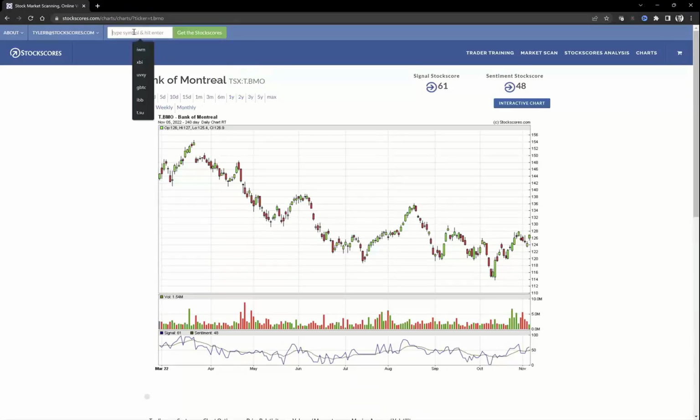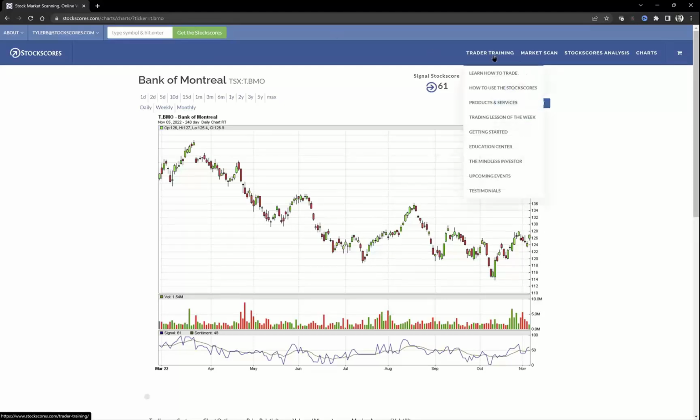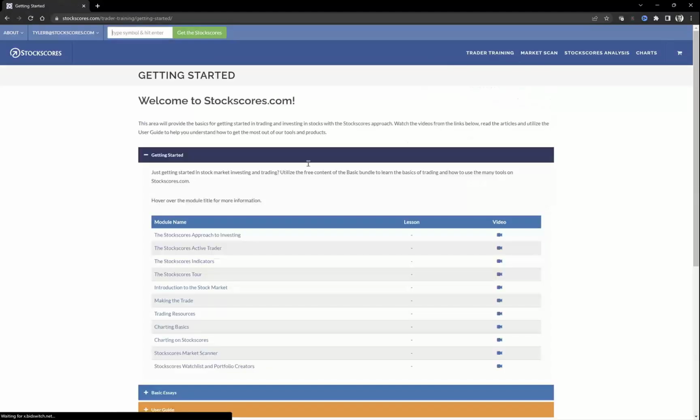If you're doing venture stocks, you put in a V dot in front. If you're doing Canadian Stock Exchange stocks, you put a .CN after the symbol. All right, all of that's explained in the Getting Started area. One of these videos goes through all that. Charting on Stockscores, I think it does that, or charting basics maybe.